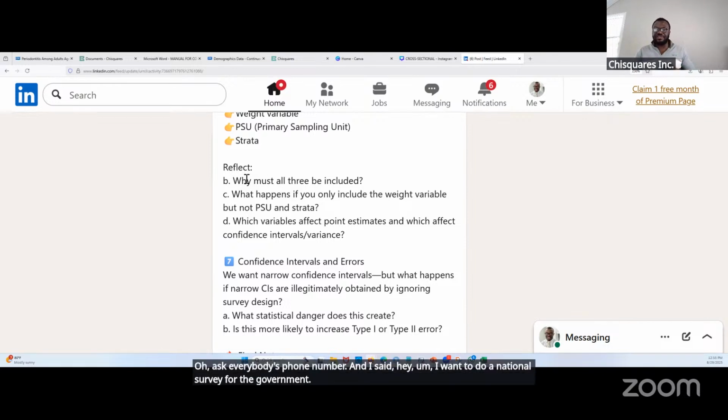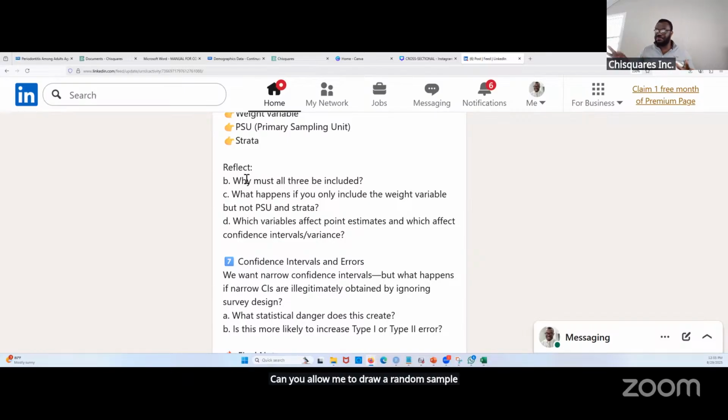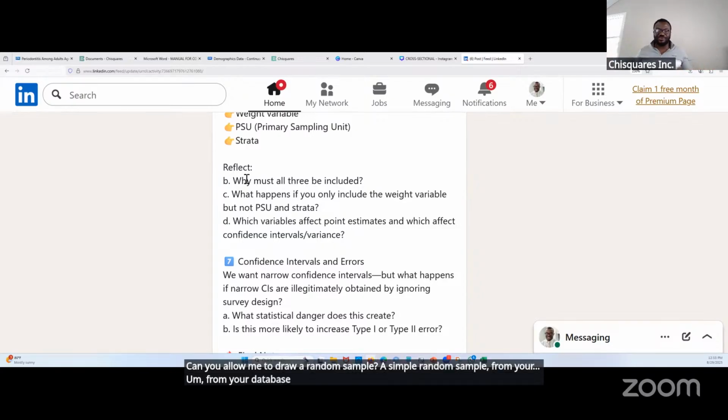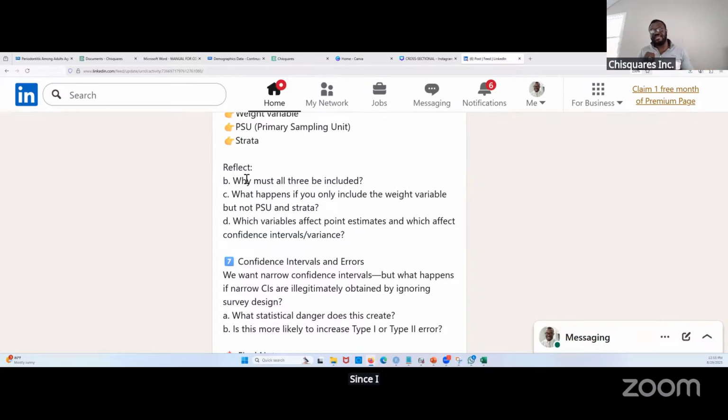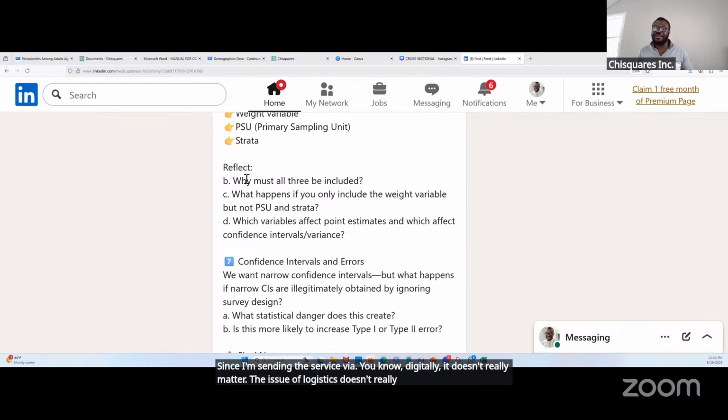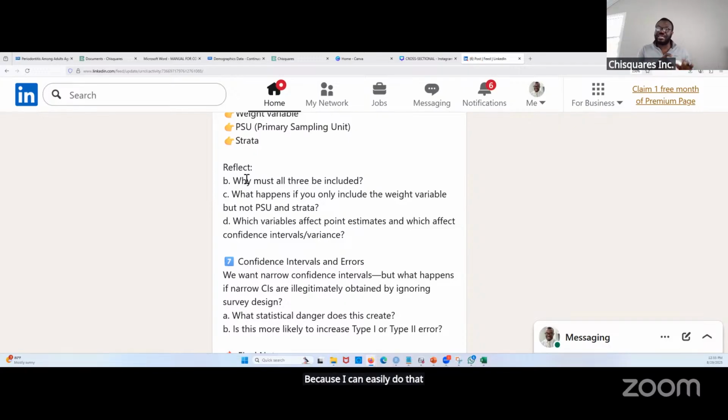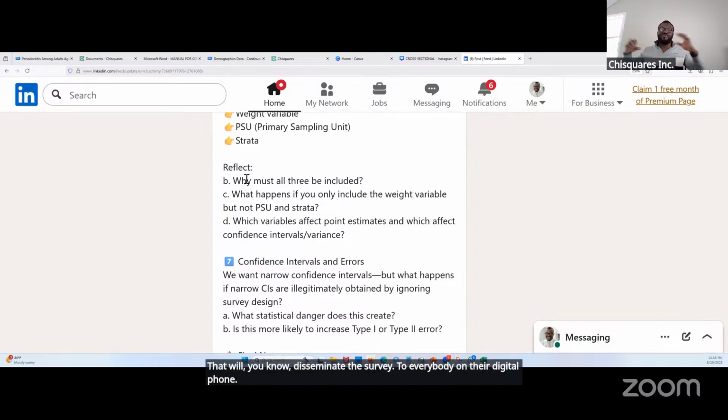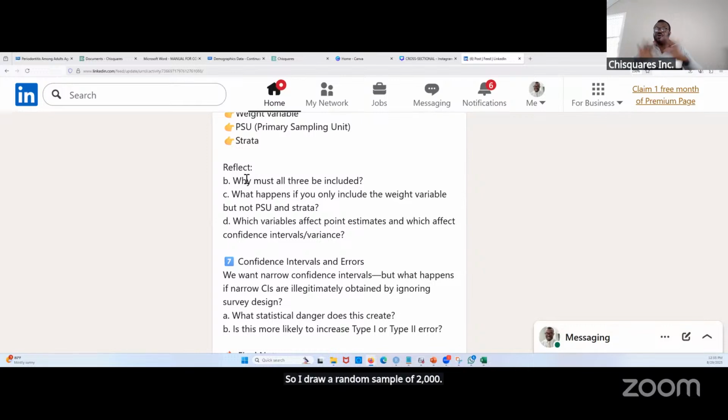Can you allow me to draw a simple random sample from your database? Since I'm sending the surveys digitally, the issue of logistics doesn't really apply here because I can easily do that. I just have to write some program that will disseminate the survey to everybody on their digital phone. So I draw a random sample of 2,000 from the 1 million inhabitants of Zamunda, and they all get the survey and they all do the survey.